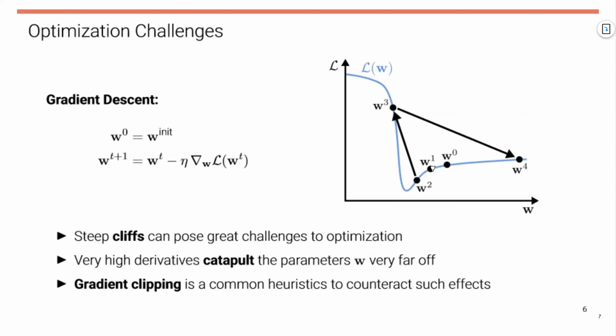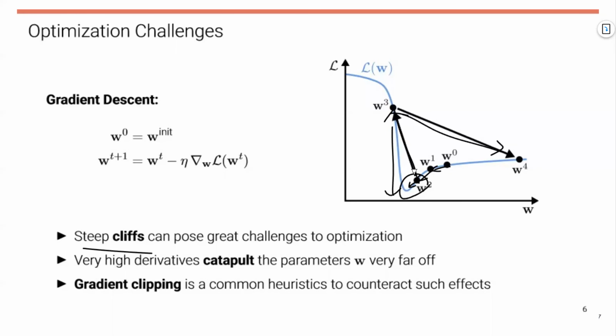And there is another issue. Even though we set the learning rate properly, if there are some cliffs like this, then it goes in this direction, and suddenly it doesn't go in this direction, but here, and then here.